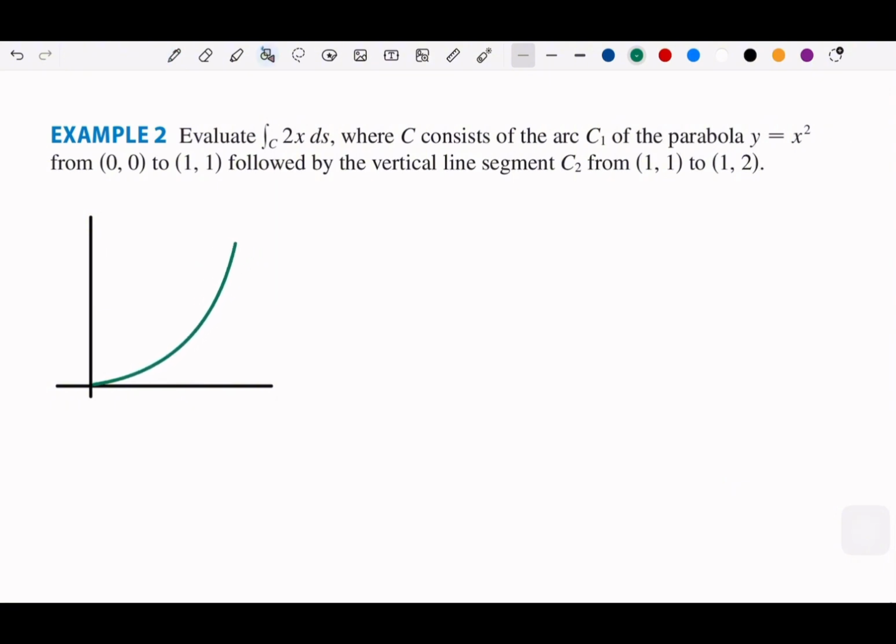Suppose this is the parabola. Let's say this is (1, 1). And then from here, we go along a vertical line. Maybe that part is (1, 2). Okay. And then this is C1. This is C2.